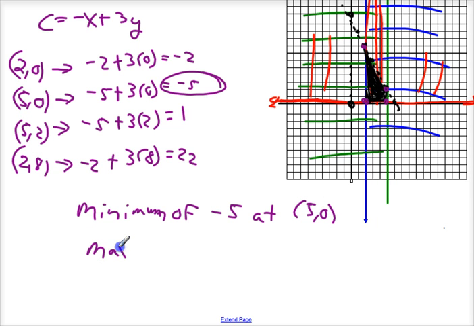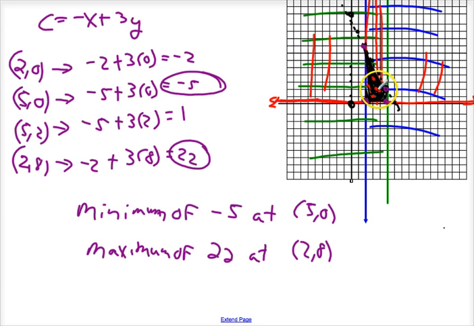It has a maximum of 22, the biggest number, and that occurs at (2, 8). Every other number that I pick is going to be between negative 5 and 22. So if I pick any other point in this feasible region, identify the x and y, and plug it into negative x plus 3y, my answer is going to be between negative 5 and 22.